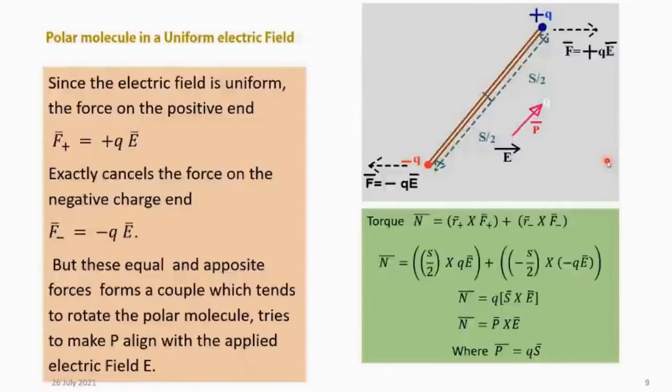We have a polar molecule and we are placing it in a uniform electric field. So the electric field throughout this molecule is one single value with one single direction. This electric field is causing a turning effect, like a torque operating.